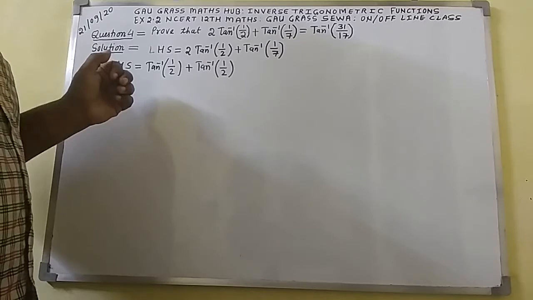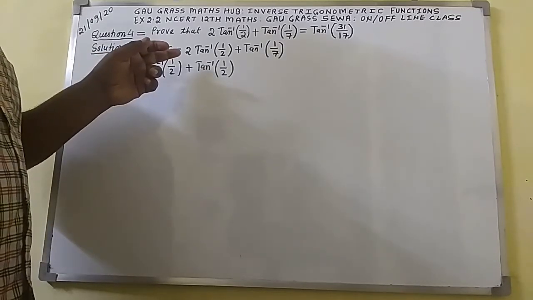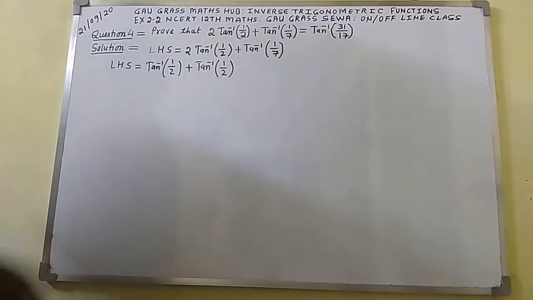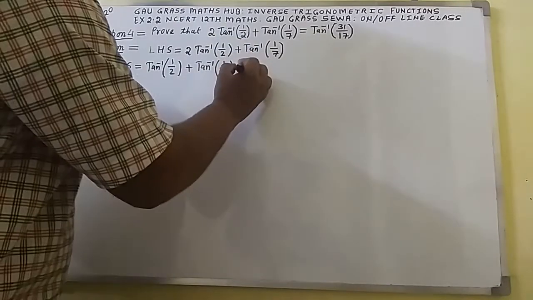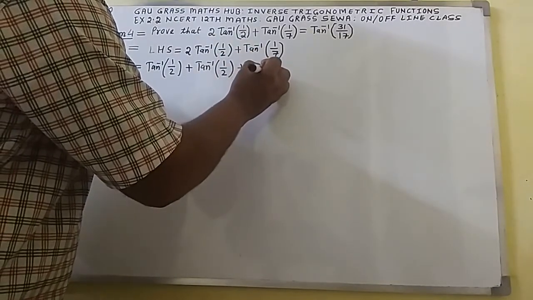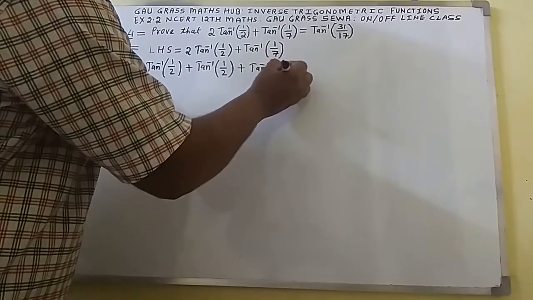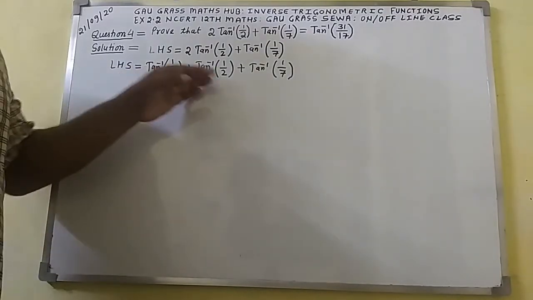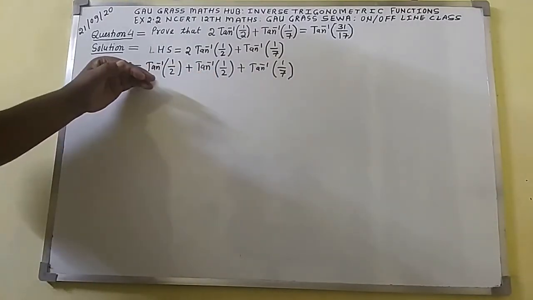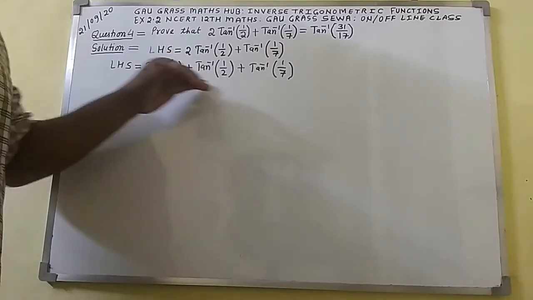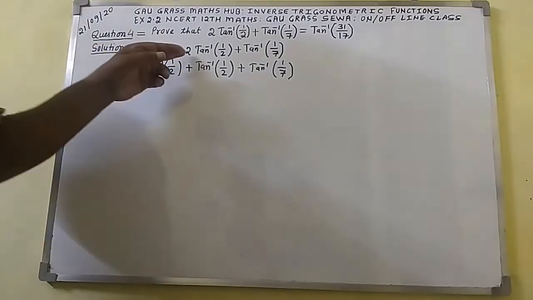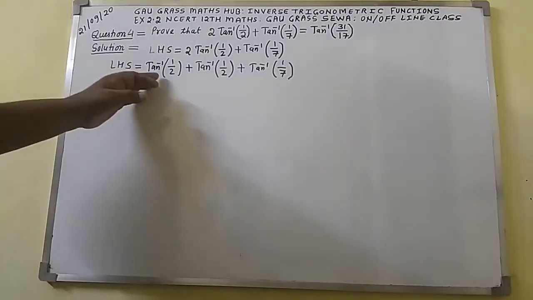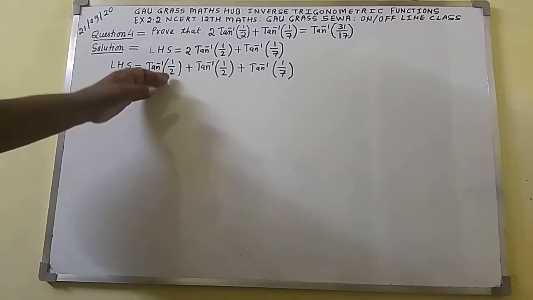I can expand the first term as tan inverse 1/2 plus tan inverse 1/2. Adding tan inverse 1/2 and tan inverse 1/2 comes out to 2 tan inverse 1/2, which is twice tan inverse 1/2, the first term.